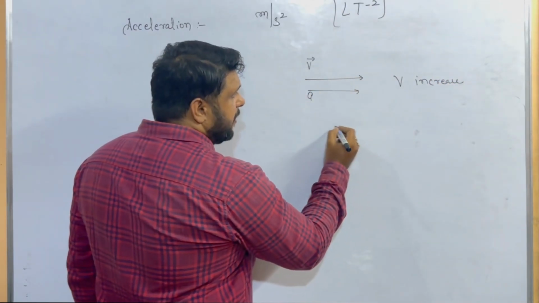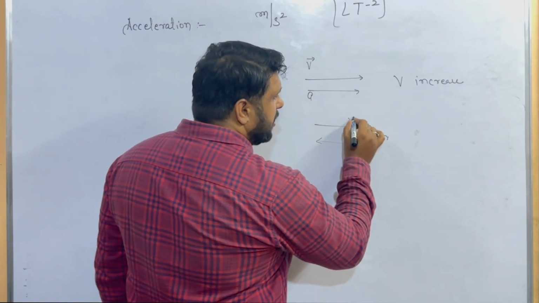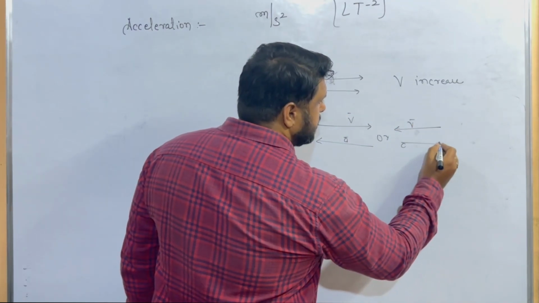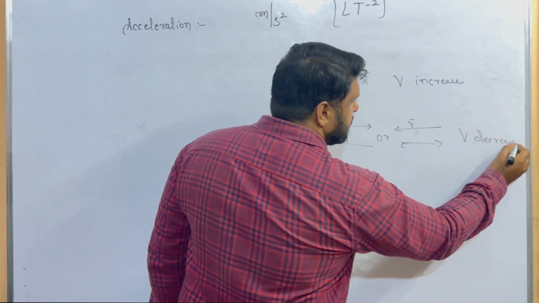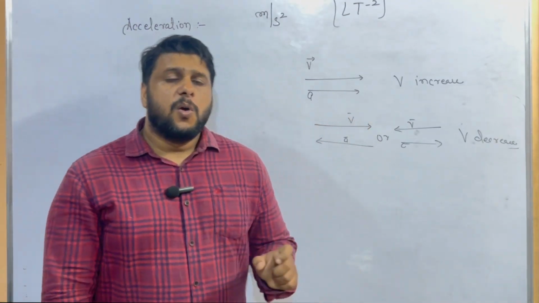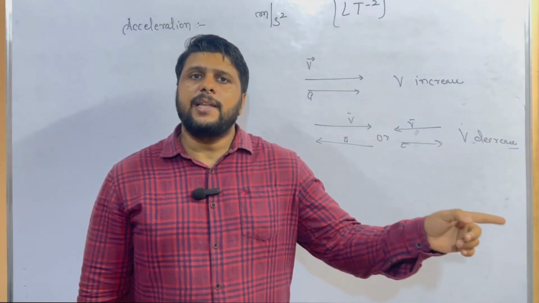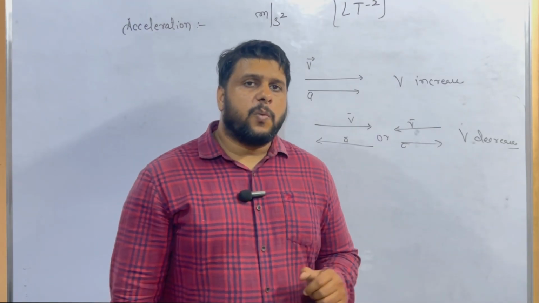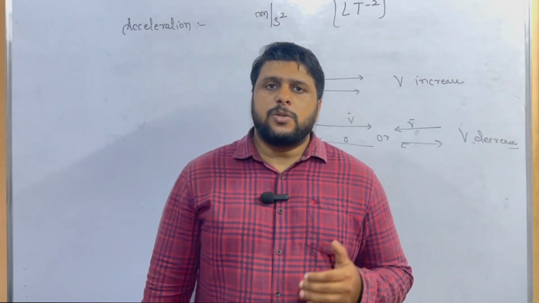And if this is velocity and this is acceleration in the opposite direction, in this scenario velocity will decrease. So the concept you need to understand is that only when the velocity and the acceleration are in the same direction is your velocity going to increase, and when they are acting in opposite directions, the velocity is going to decrease.